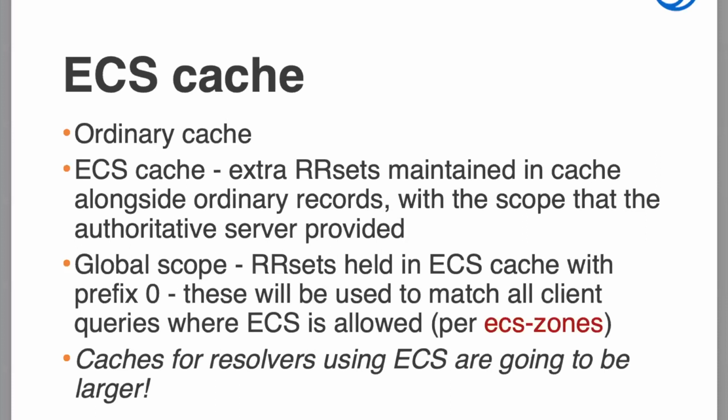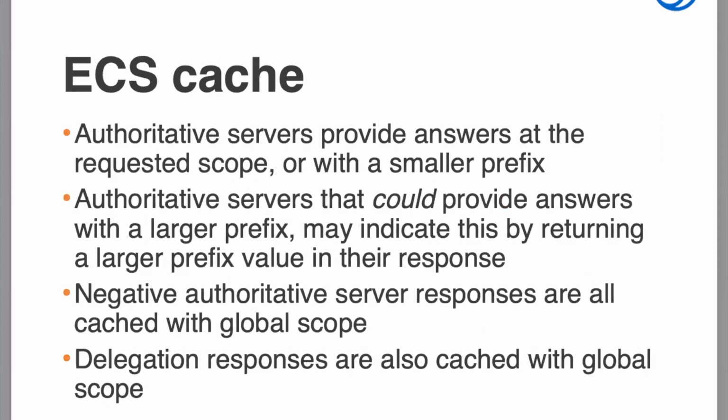And inevitably, caches for resolvers using ECS are going to get much bigger. I haven't covered this, or I sort of have covered this. When a resolver queries an authoritative server with a specific ECS scope, ECS subnet, the authoritative server might not answer with the same scope.